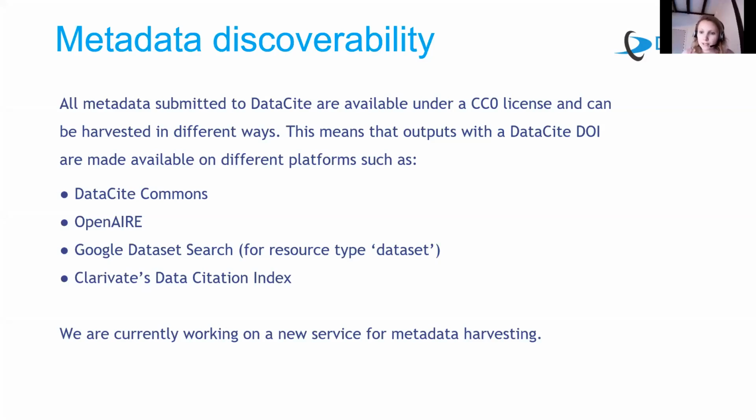And all metadata that are submitted that way are available under a CC0 license, so that these can be harvested by all organizations. And that also means that outputs with DOIs are made available through different platforms. For example, our own platform, but also OpenAIRE, Google Dataset Search, Clarivate's Data Citation Index. So they all harvest the metadata to increase discoverability.